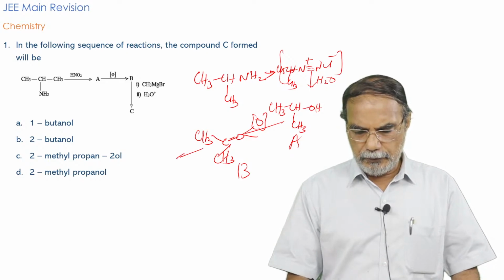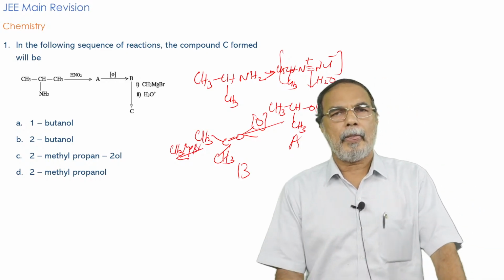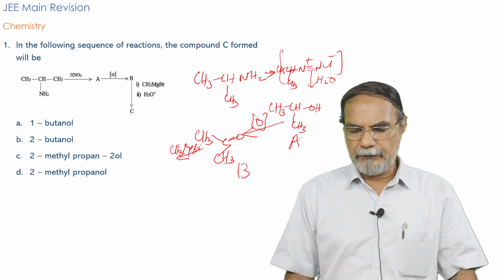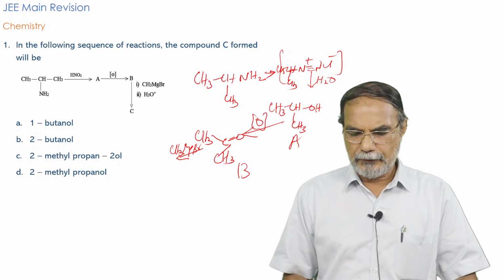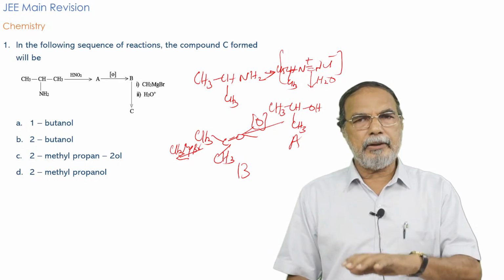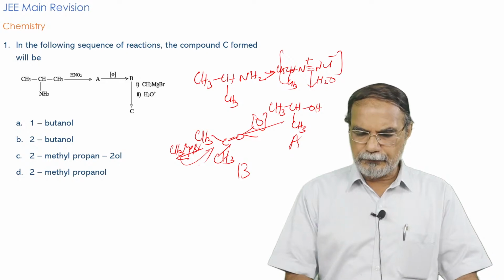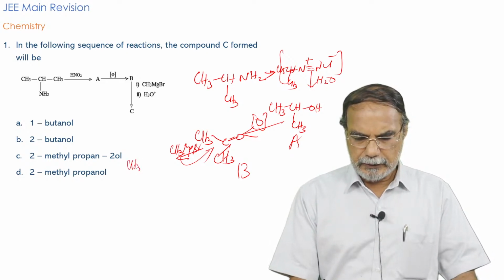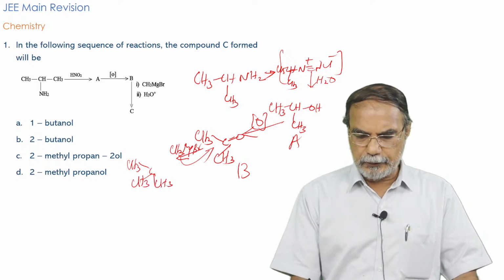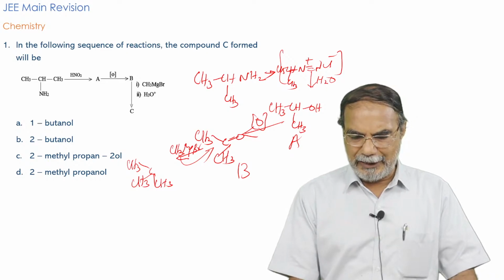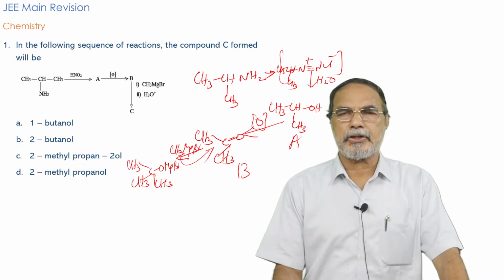Now this ketone is reacted with methyl magnesium bromide. Again you have very interesting chemistry: an aldehyde adds one molecule of Grignard reagent to give a product which on hydrolysis gives a primary alcohol, whereas a ketone will add one molecule of Grignard reagent like this to give CH3, CH3. Already there are 2 CH3 there, and this CH3 will be added to the carbonyl group. It's a nucleophilic addition, as you know.